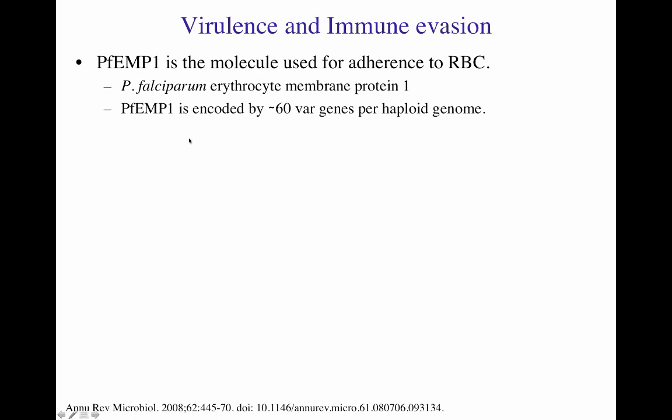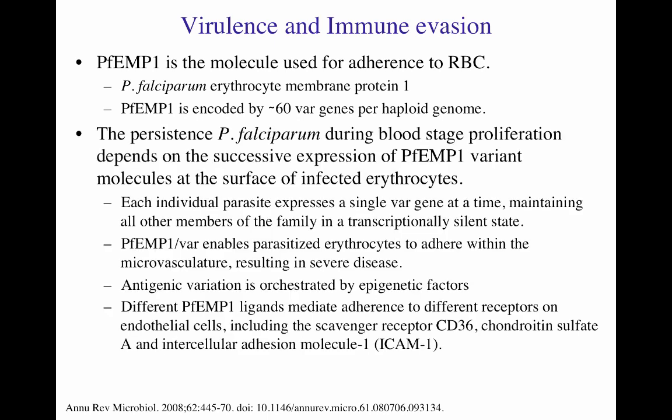Now, there are about 60 variable genes of this protein in the haploid genome of a Plasmodium. The persistence of Plasmodium falciparum in the blood stage is going to depend on the successive expression of this protein in different variants that are designed to avoid the immune system through the process we discussed already, called antigenic variation.